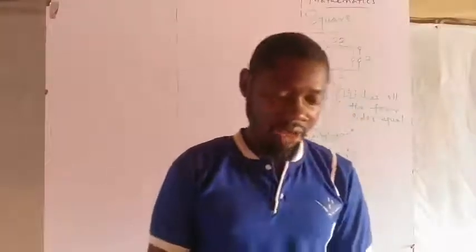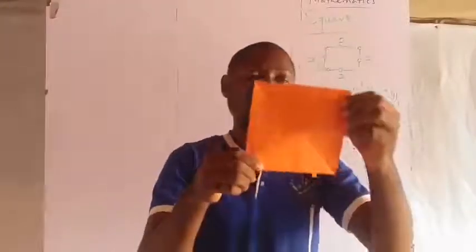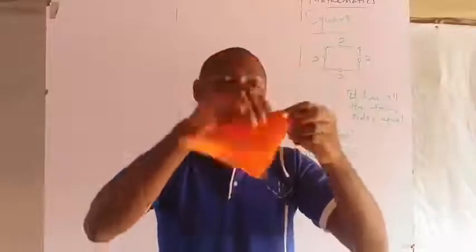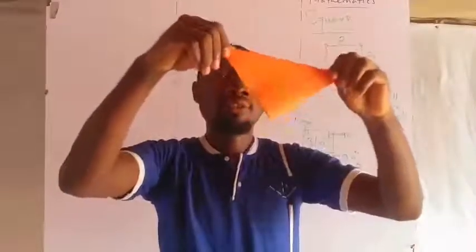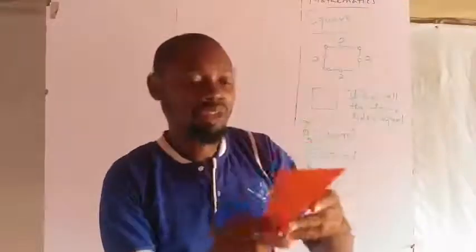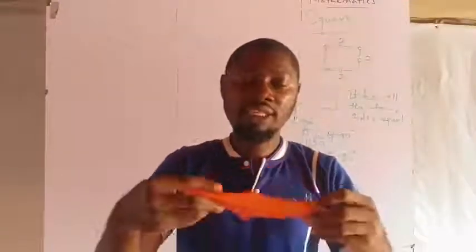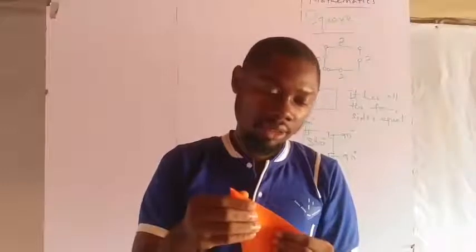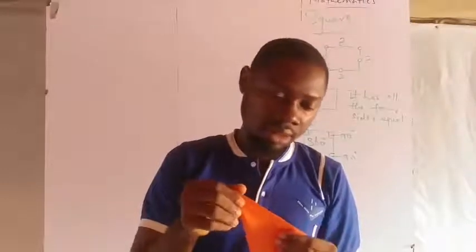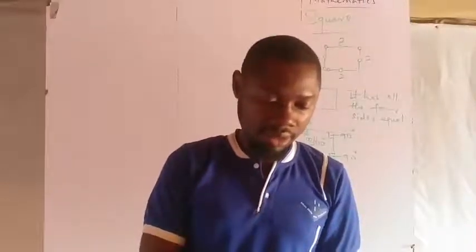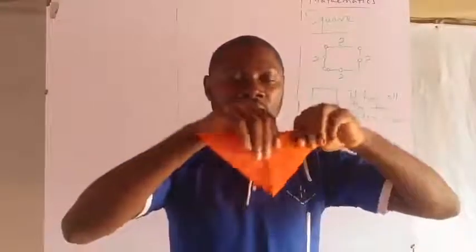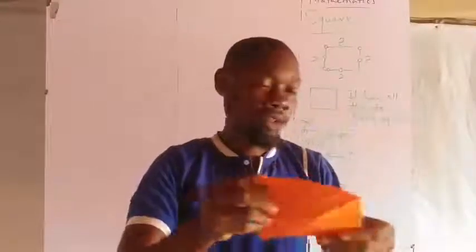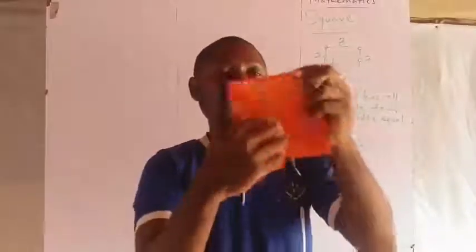So this is a square. This is the first line to give us equal parts. First line of symmetry. I'll also take this other side. This is the second line. So we've done 2 lines. I'm going to do this one now.